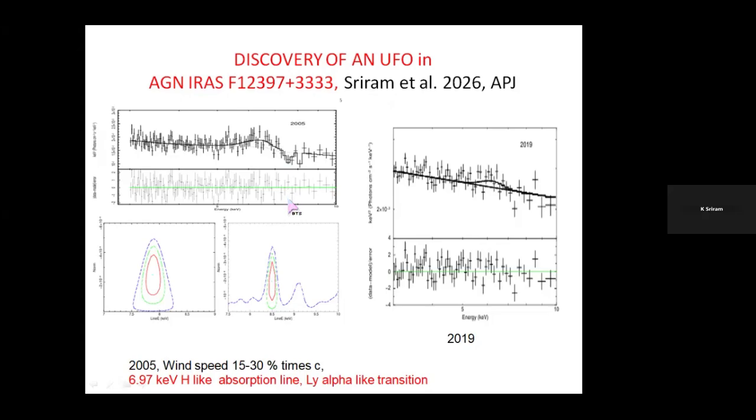We see these two lines. One line is at 8 keV, the other at 0.5 keV, and actually these should occur at 6.97. That's what I have written. They should occur at 6.97 keV.